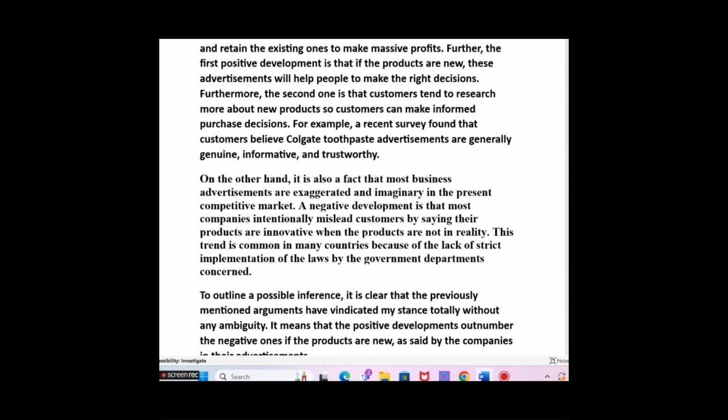A negative development is that most companies intentionally mislead customers by saying their products are innovative when the products are not in reality. This trend is common in many countries because of the lack of strict implementation of the laws by the government departments concerned. This is the third paragraph, body of the essay. Pause the video and study it again to understand better.